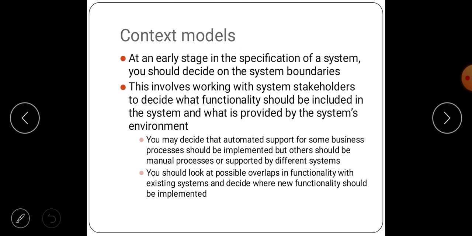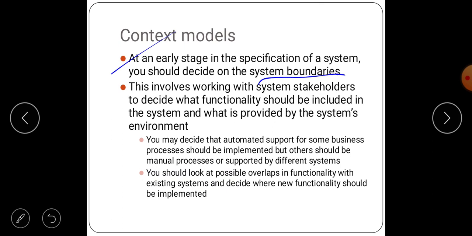Now we came to the actual topic, context models. What is meant by a context model? At an early stage in the specification of a system, you should decide on the system boundaries. Means before doing any work, first there should be a proper plan.